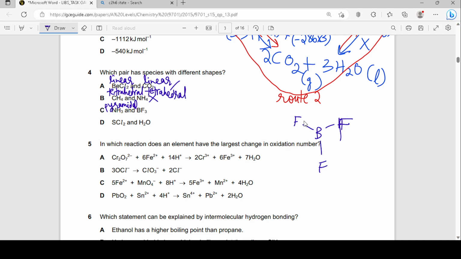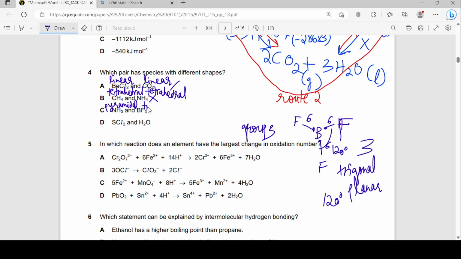So boron is in group 3, so that means it has 3 electrons in its valence shell, which means that it basically is forming 3 sigma bonds and it has no lone pairs. If it has a steric number of 3, that means that it has trigonal planar geometry, right? So it's going to have a bond angle of 120 degrees, right? This FBF bond angle is 120 degrees.